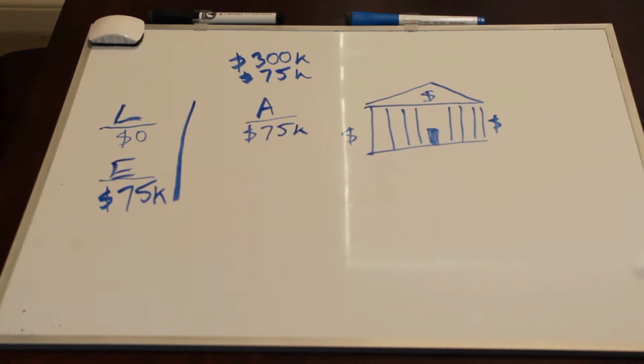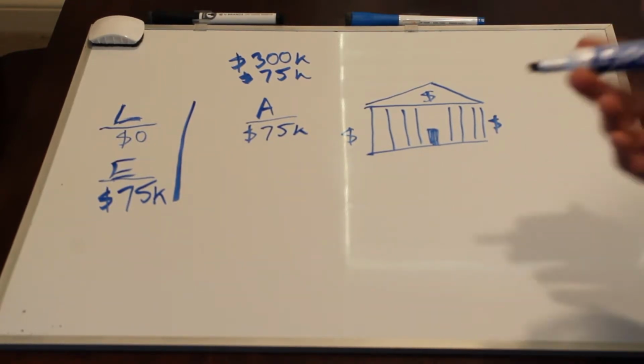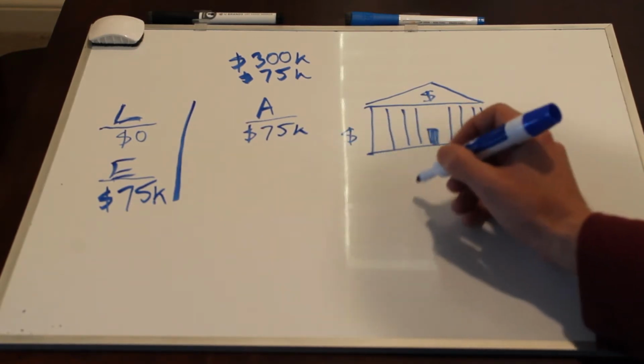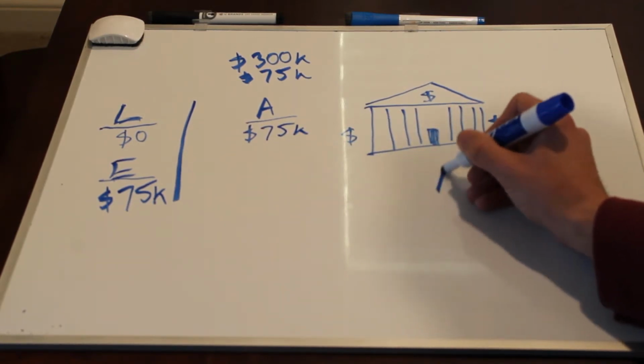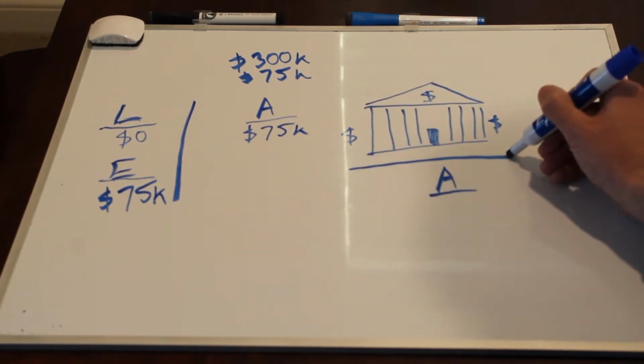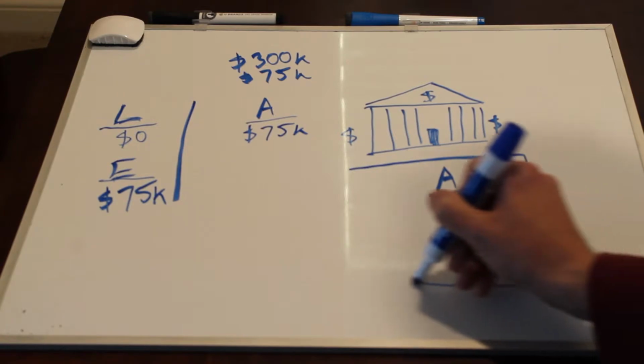So now, what does your personal balance sheet look like? Let's make this a little cleaner. Let's start with your assets. We'll draw the actual sheet here.